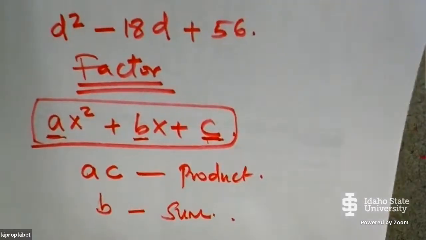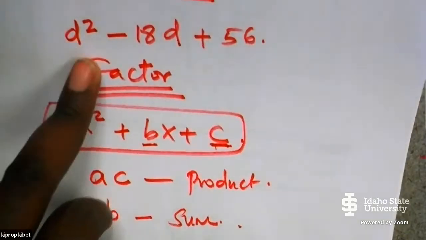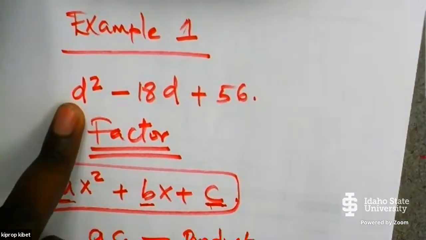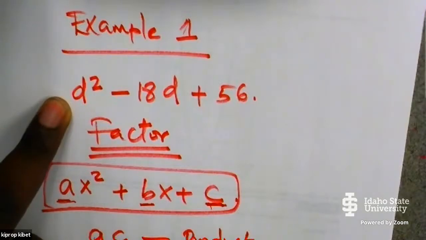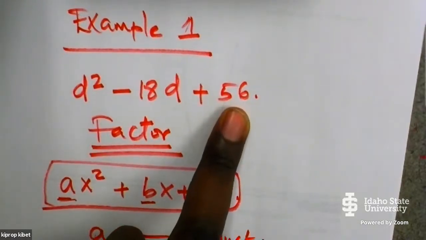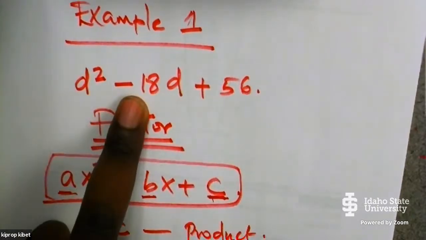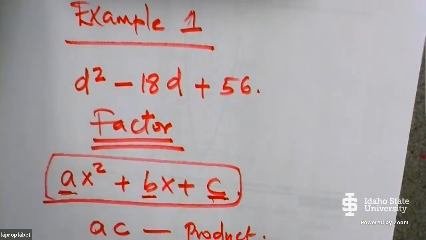In our case, the coefficient a is 1, c is 56, and b is negative 18.